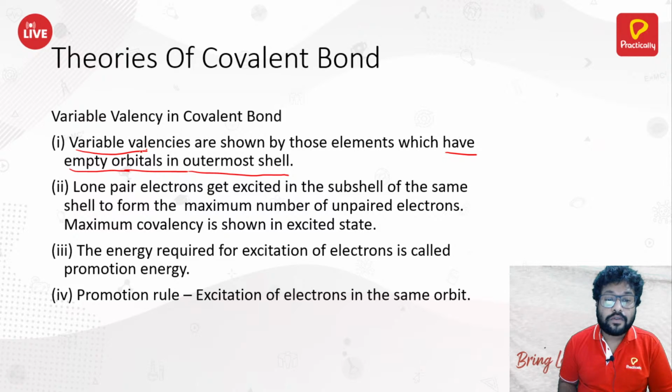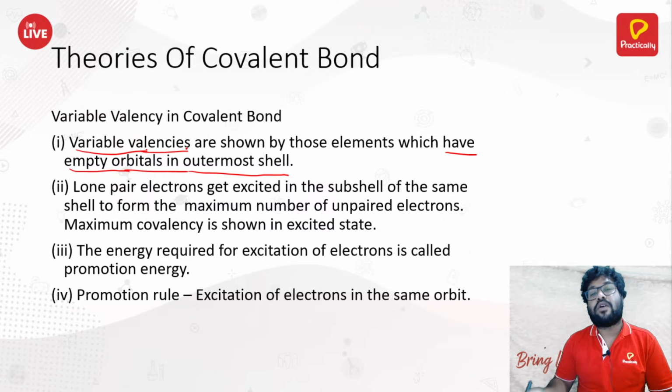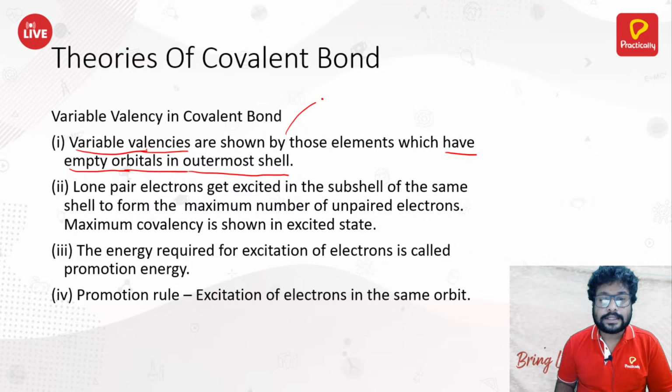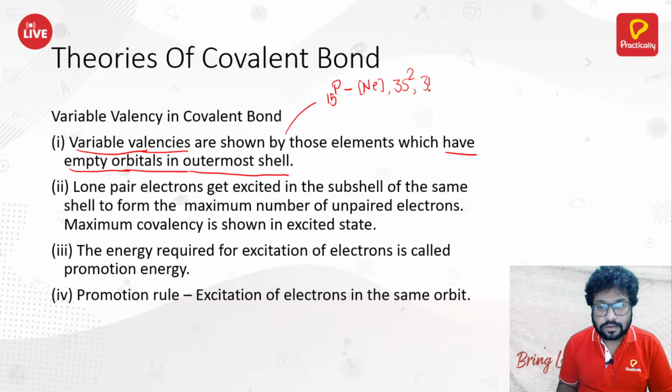To show variable valency, you need to have an empty orbital. For example, let's take phosphorus, atomic number 15. Its electronic configuration is neon 3s2, 3p3 and 3d0, because there are no electrons in the d orbital.